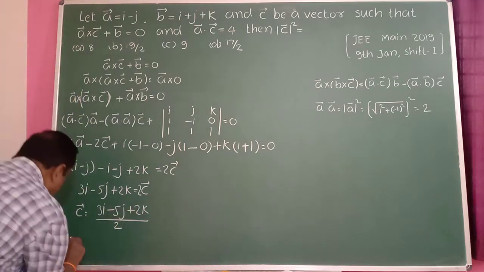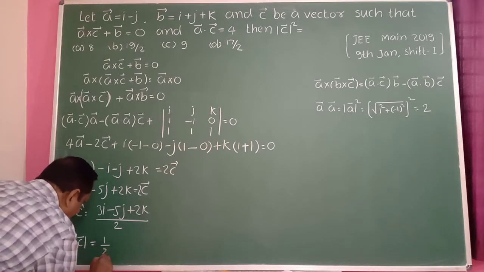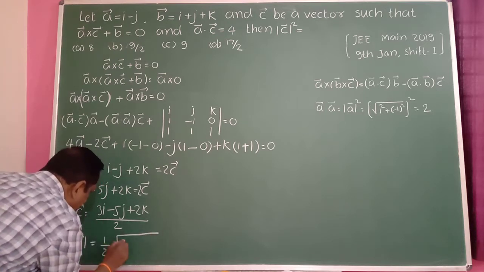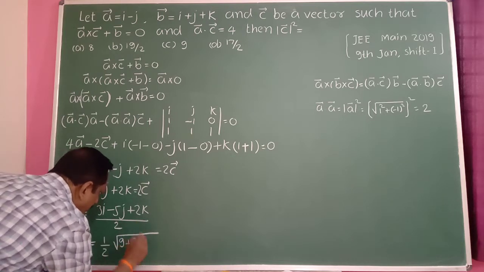Therefore, modulus of c bar is 1 by 2 constant, then root of 3 square is 9, minus 5 square is 25, and 2 square is 4.